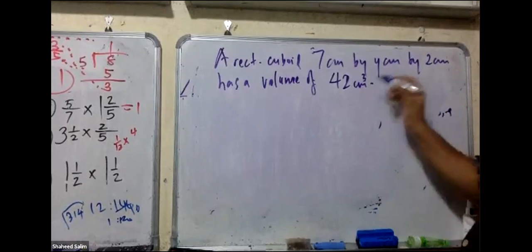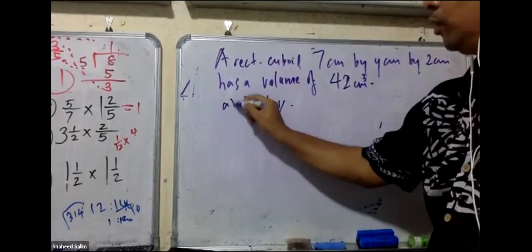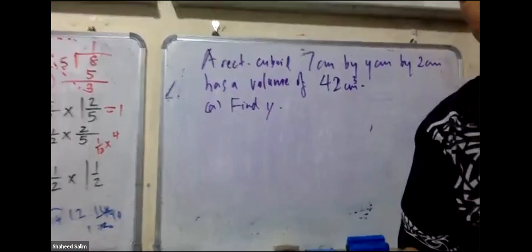Okay, find y. That is for question number A. Okay, can you see? You understand my handwriting, eh? Yeah. Okay.